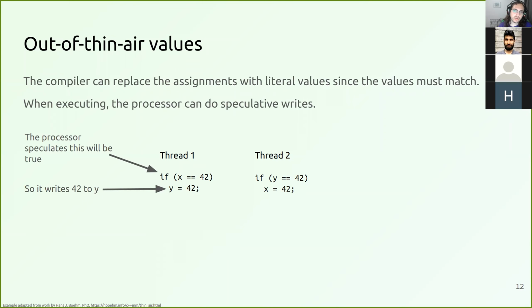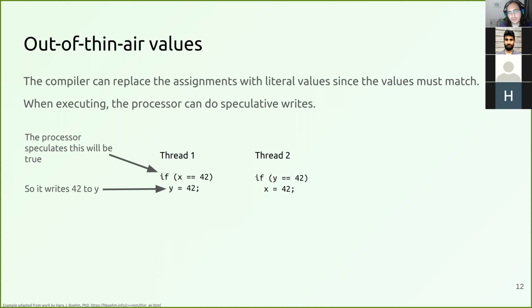So the second issue comes with a feature of processors called speculation. Whenever you hit a branch in a program, a branch is something like an if or a switch, or like the condition in a for or while loop, the processor has to stop and wait for some results to be ready.